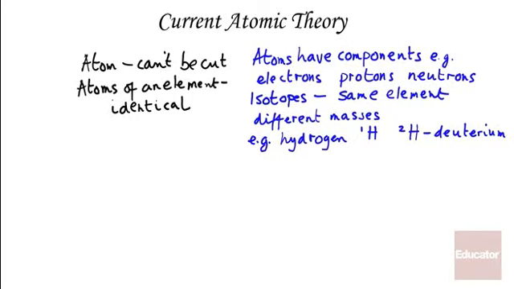And finally, compounds are made up of the combination of different atoms in relatively simple proportions. Small numbers of atoms? Well, we now know that there are many compounds that are extraordinarily complex, with hundreds, even thousands of atoms in one molecule of a compound.